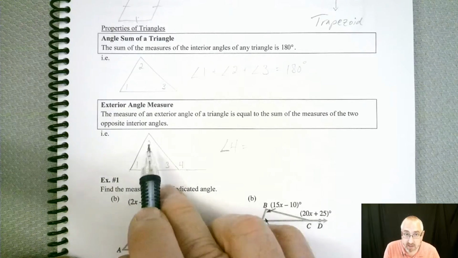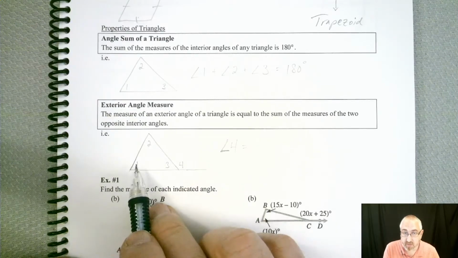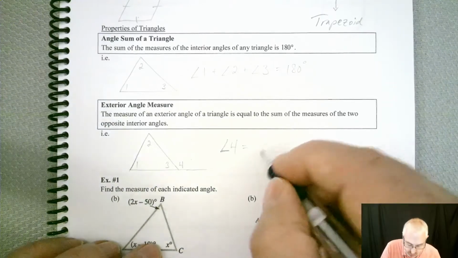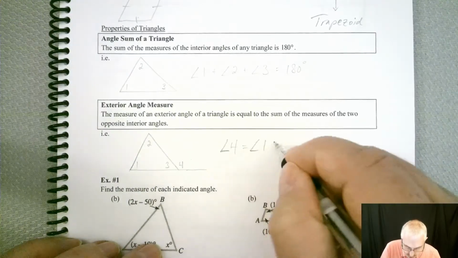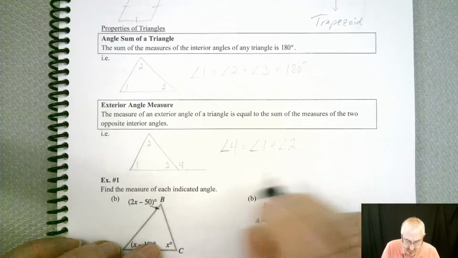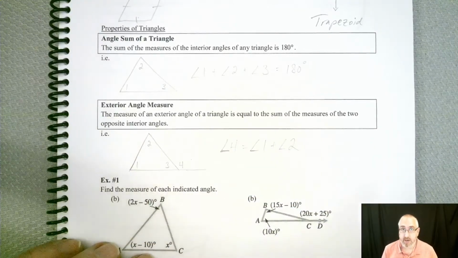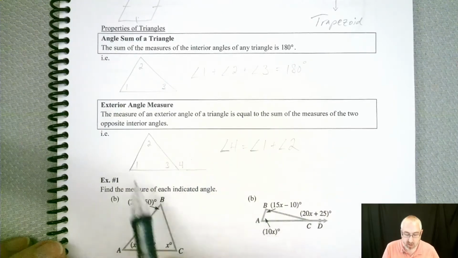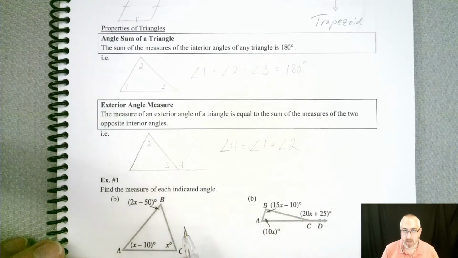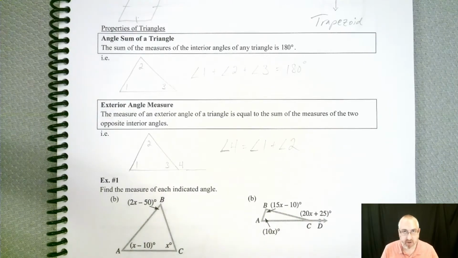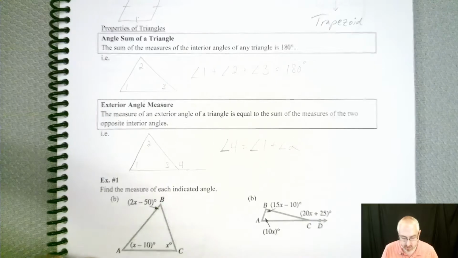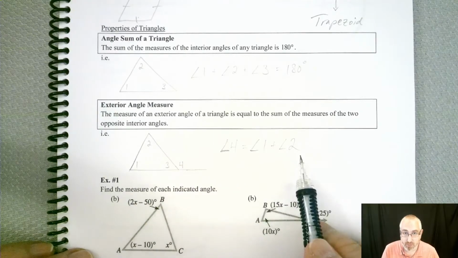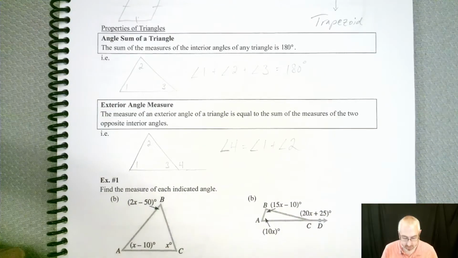It's going to have to be these two, right? 1 and 2. So if we added those two together, that should equal that exterior angle. That's kind of a result from the first property. I could go into the explanation for it, but trust me, it's just true. So angle 4 is equal to angle 1 plus angle 2 from that diagram.